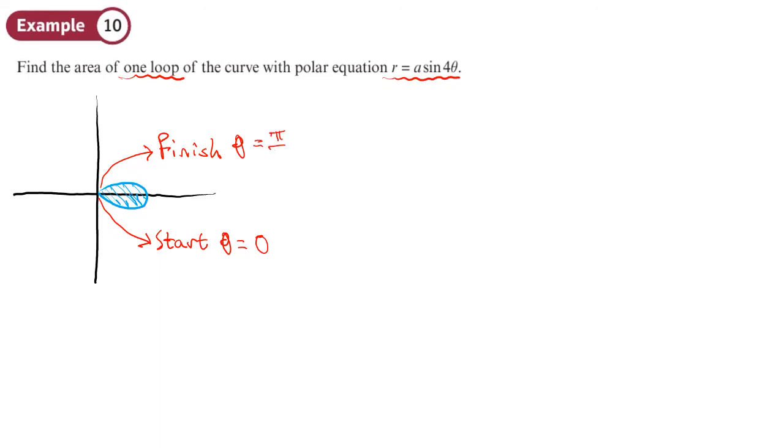Now, why is it pi over 4? Well, if r is equal to a sine 4 theta, the first time that becomes 0 after 0 is when you do a sine 4 times pi over 4. Okay, it's a bit like doing sine pi. Yeah, that's the first time.